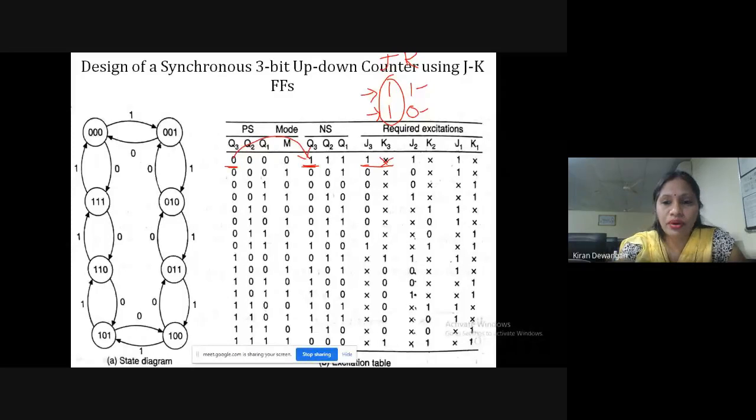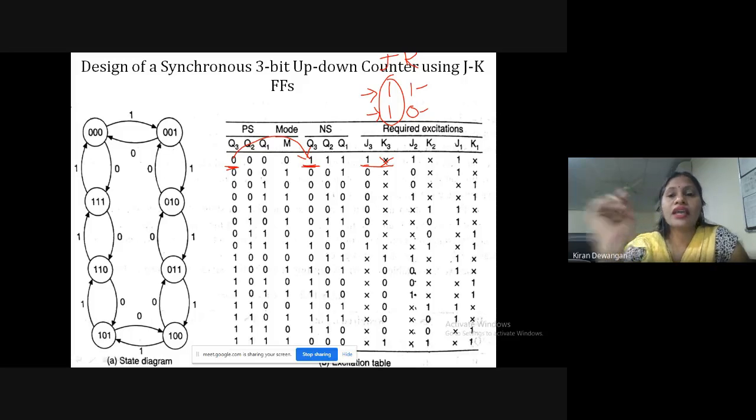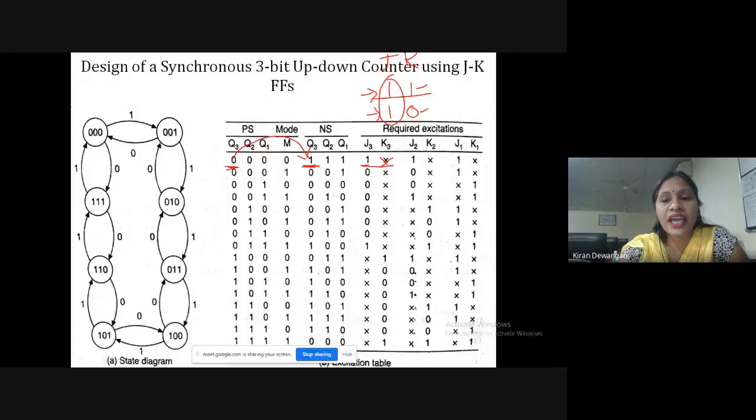So just remember, when Q3 present state is 0, next state is 1, what should be the combinations of J and K? Either it could be 1 and 1 or it could be 1 and 0. So in both the cases we can see J is fixed 1, but K can be either 1 or 0. So we have taken 1 cross.